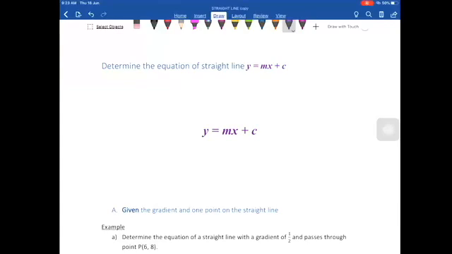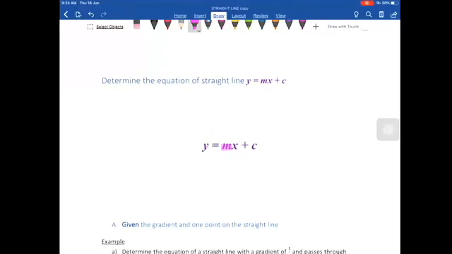Okay, last year we have covered about m. Okay, where m is actually the gradient.